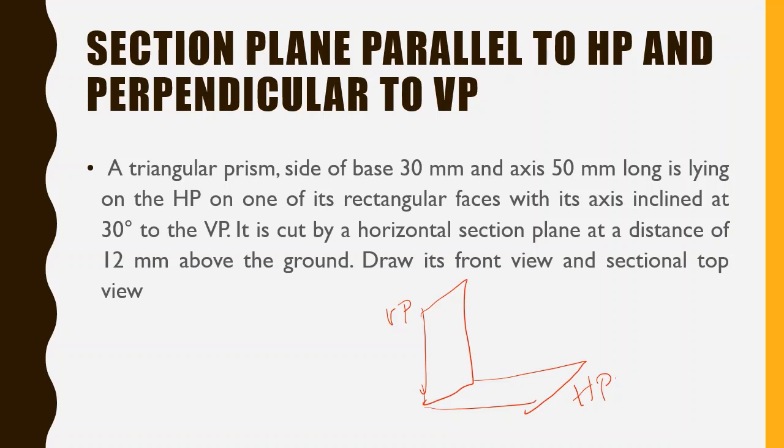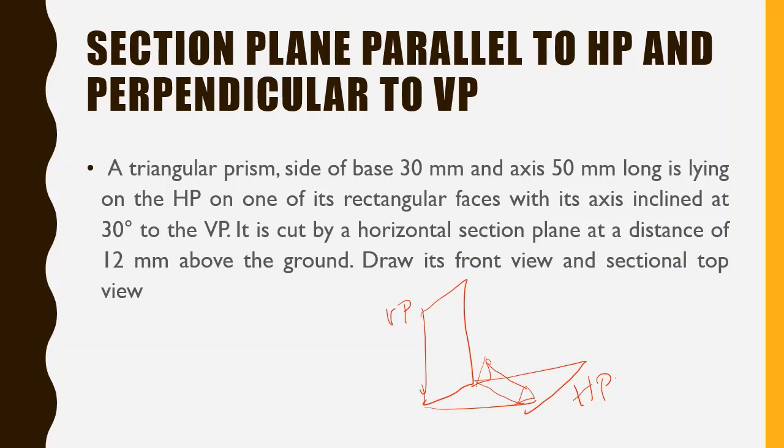So here your triangular prism with base and axis lying on the HP. It is lying on the HP on one of its rectangular faces with its axis inclined at 30 degrees to VP. So your prism is looking like this, right? So your prism is looking like this, and then you are introducing the what?